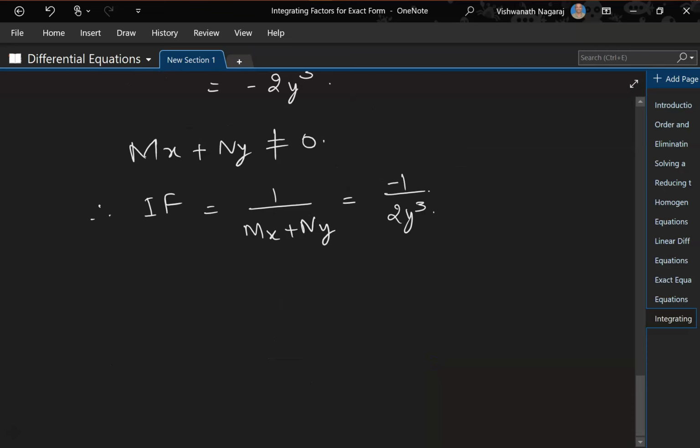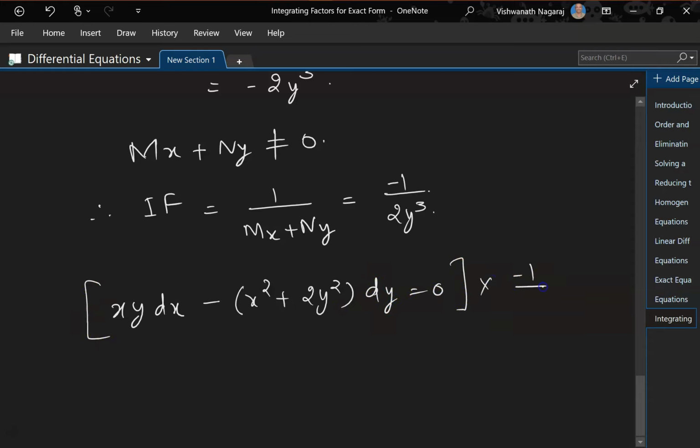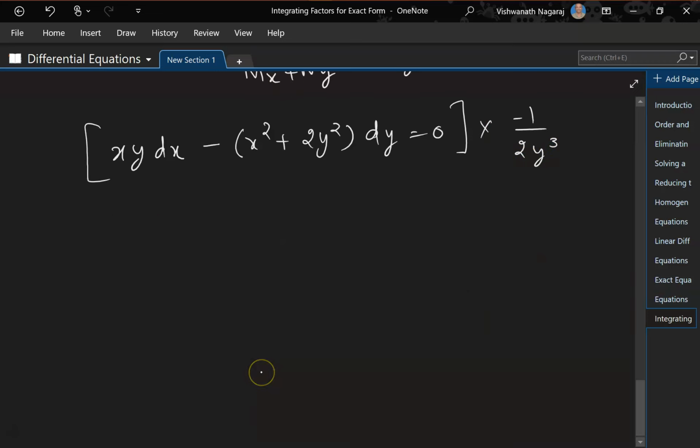Okay, so let's multiply this with the equation. So xy dx minus (x square plus 2y square) dy equal to 0, times minus 1 by 2y cube. Let's multiply: minus xy dx by 2y cube.